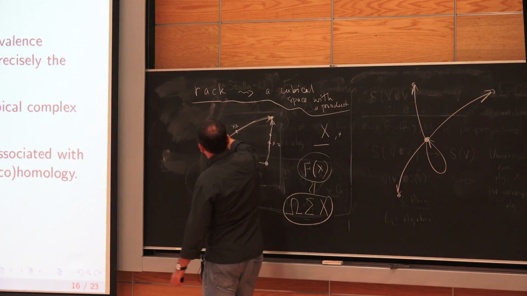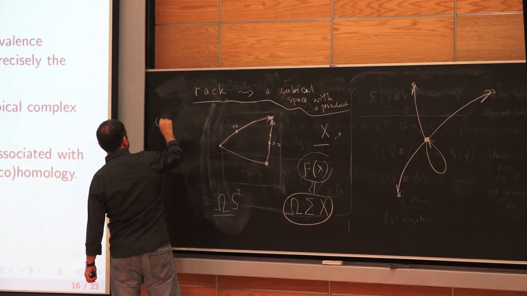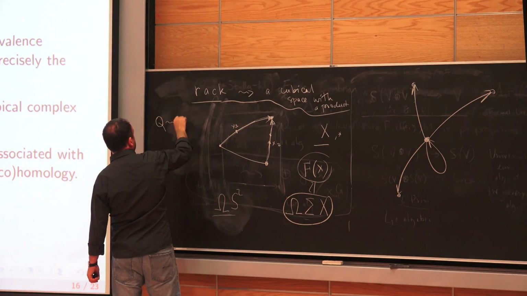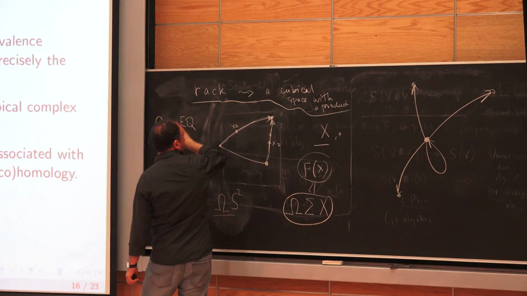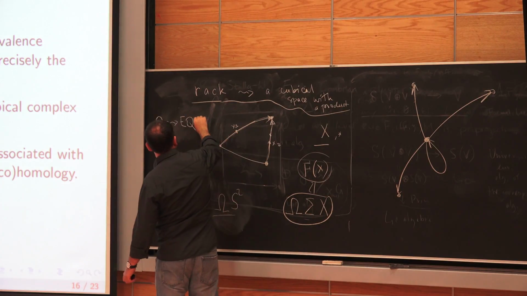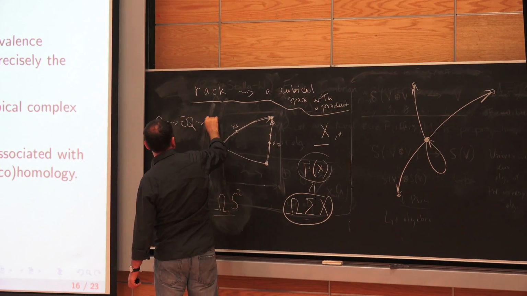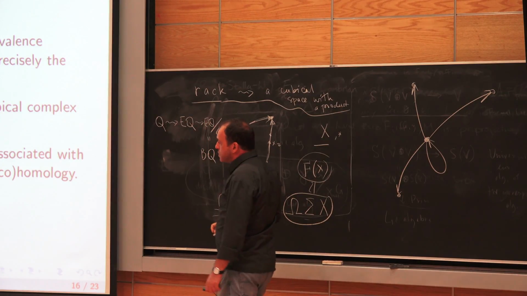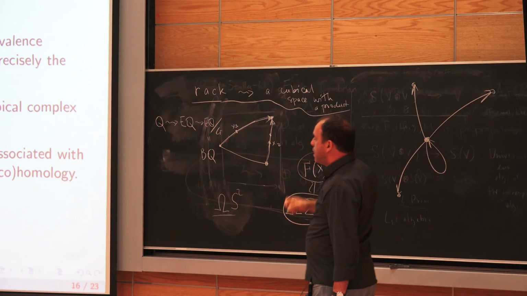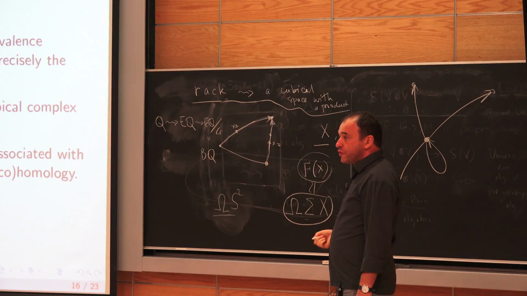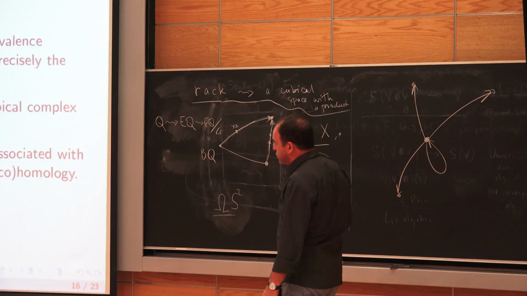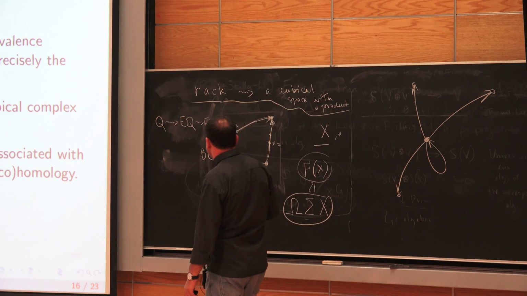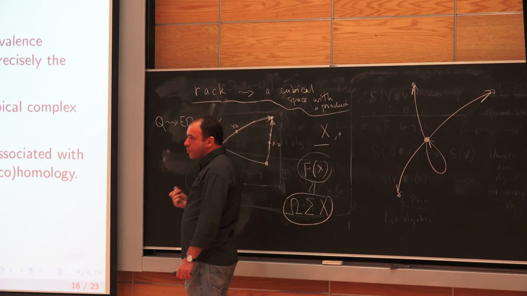So if this multiplicative graph is called Q, we associate EQ with it, which is this cubical product, and then EQ mod G is something we can call BQ. And this is a known construction. It's called the rack space. And the homology of this rack space, or the cohomology, is known as the rack cohomology.